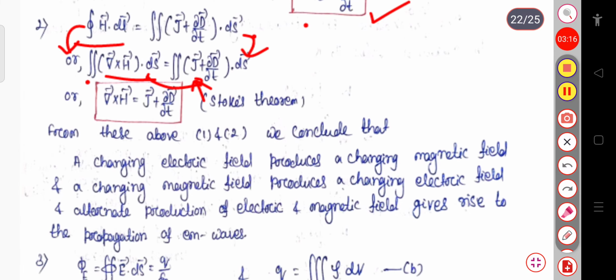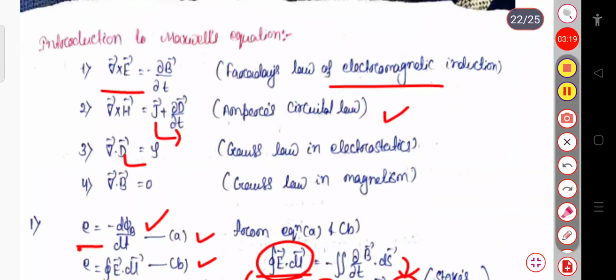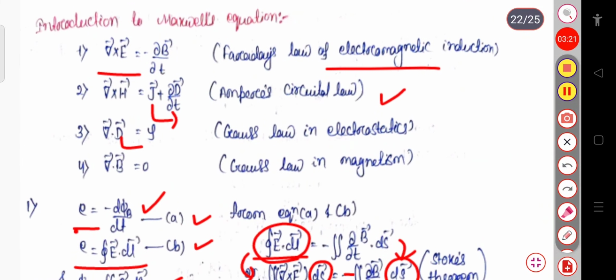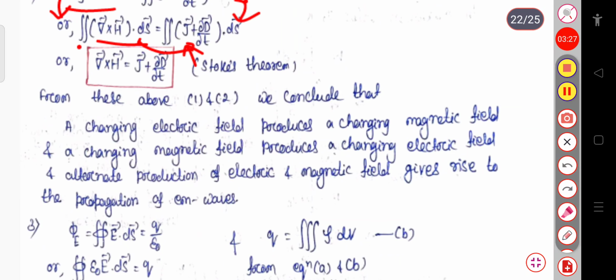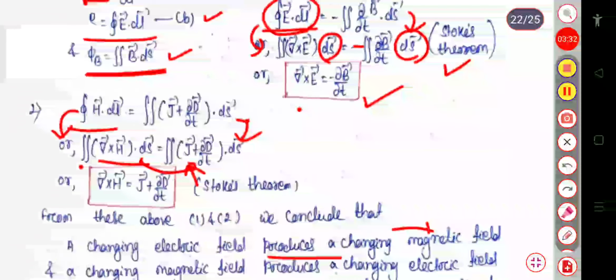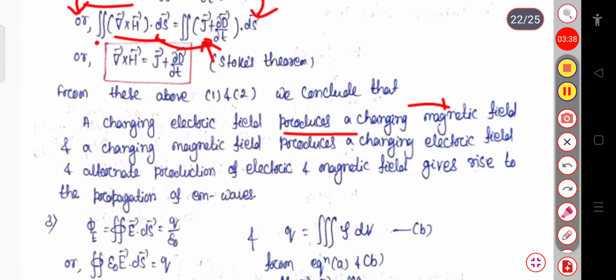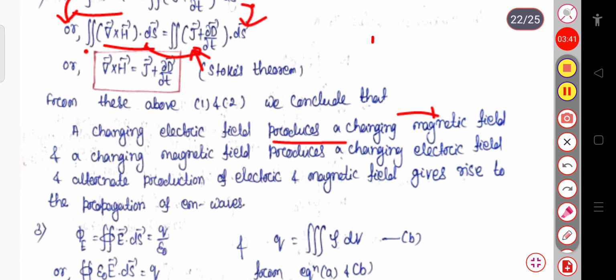And from equations 1 and 2, that is del cross E equal to minus dou B by dou t and del cross H equal to J plus dou D by dou t, we conclude that a changing electric field produces a changing magnetic field. You can see here in del cross E, if you change the electric field, then you will get a changing magnetic field. Also in the second equation, you know the magnetic field B equals mu naught into H, so del cross H equals J plus dou D by dou t.